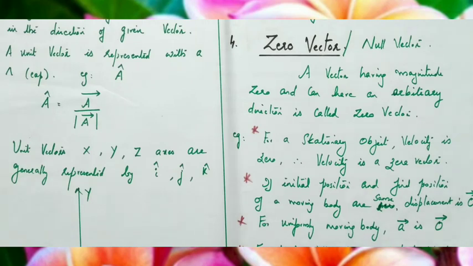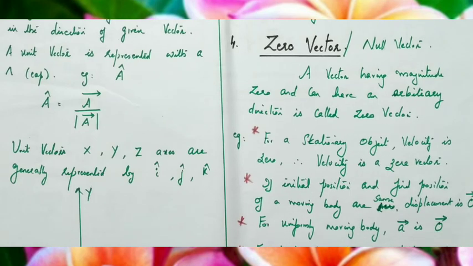For example, a stationary object is at rest. What is its velocity? Velocity is equal to 0, no? Since velocity is a vector quantity, we can say that velocity is a zero vector. Another example: for a moving object, if the initial and final positions are the same, then displacement is 0, or displacement is a zero vector.